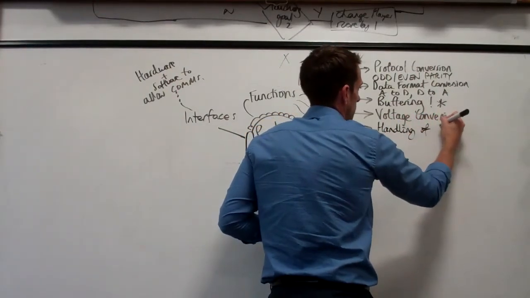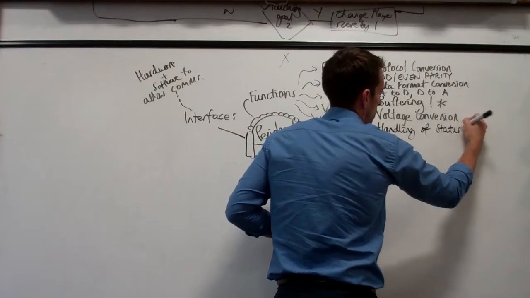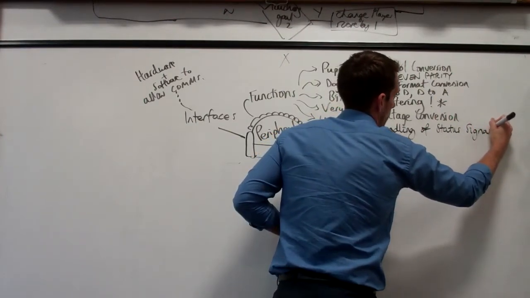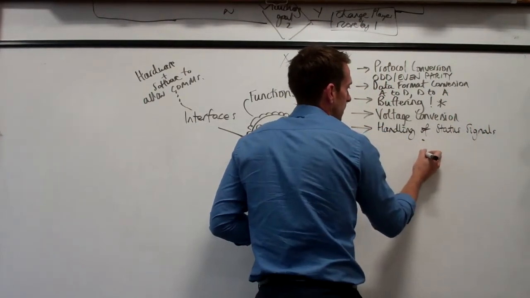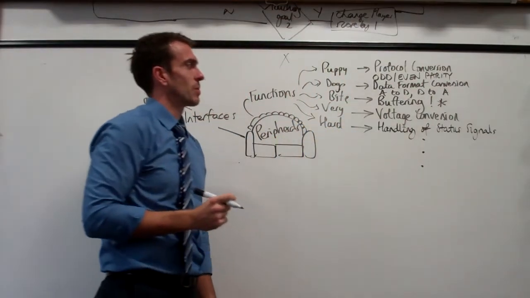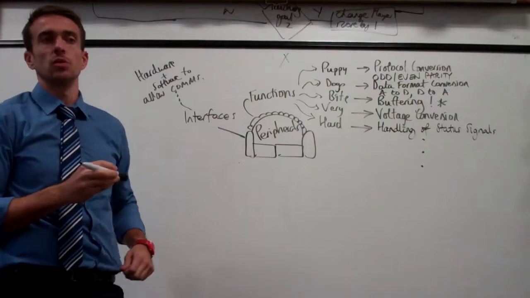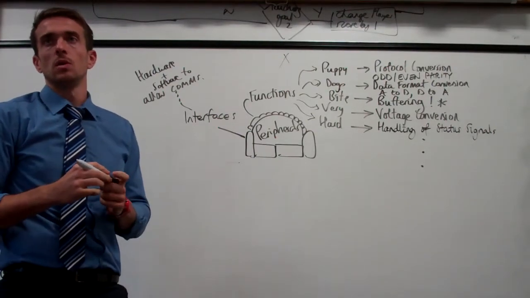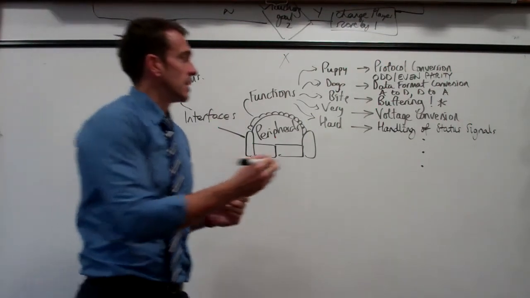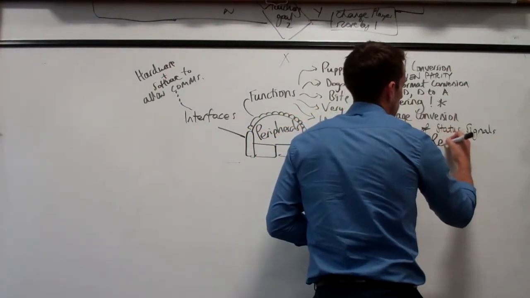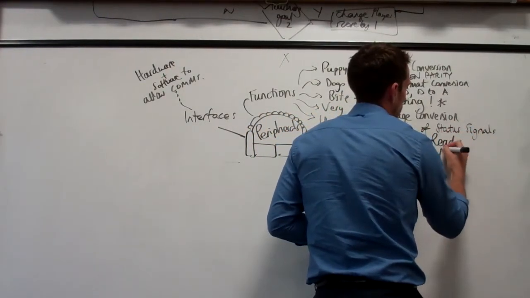Handling of status signals. Right, we'll probably get asked for a couple of examples of them, so forget all the joke Facebook ones we said. What are some proper statuses that peripheral devices will go into? Ready. What else? Busy, yeah.